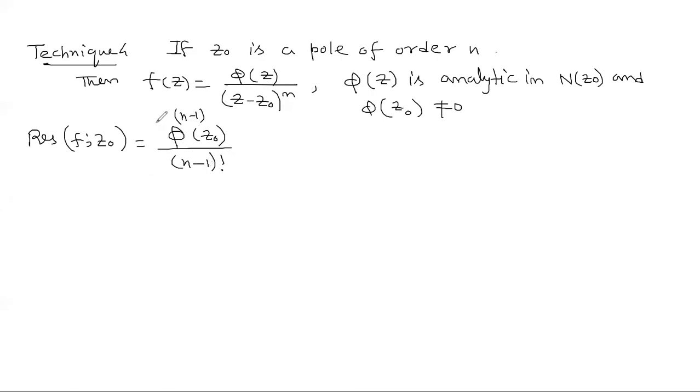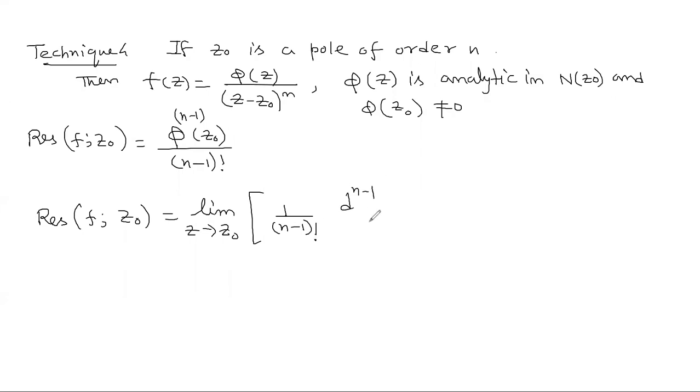Now we get technique 4 from technique 3 just using this expression of f(z), because if z0 is a pole of order n, we can always write f(z) in this form. So from technique 3 we have, if z0 is a pole of order n, then residue is given by limit z tends to z0 of 1 by (n - 1) factorial d^(n-1)/dz^(n-1) of (z - z0)^n into f(z).